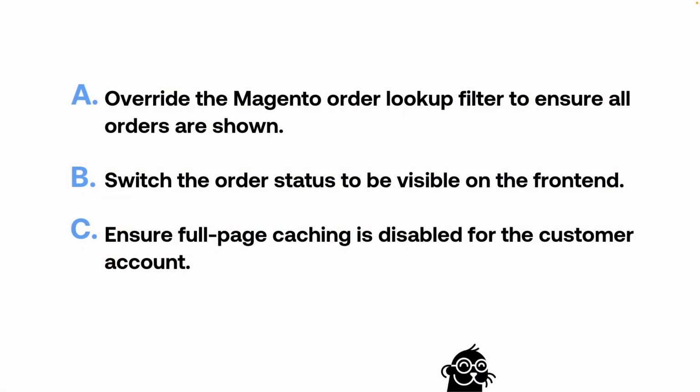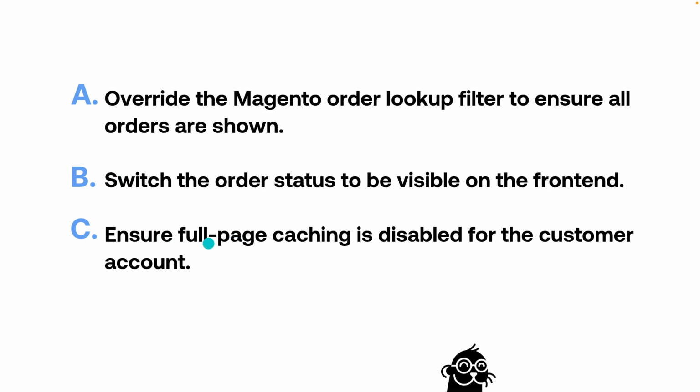Well, let's take a look at these answers here. A, override the Magento order lookup filter to ensure all orders are shown. Now, maybe there's a custom filter lookup that's causing a problem. Okay. B, switch the order status to be visible on the front end. Is there really even such a thing as a visible status sort of thing? That sounds suspicious.